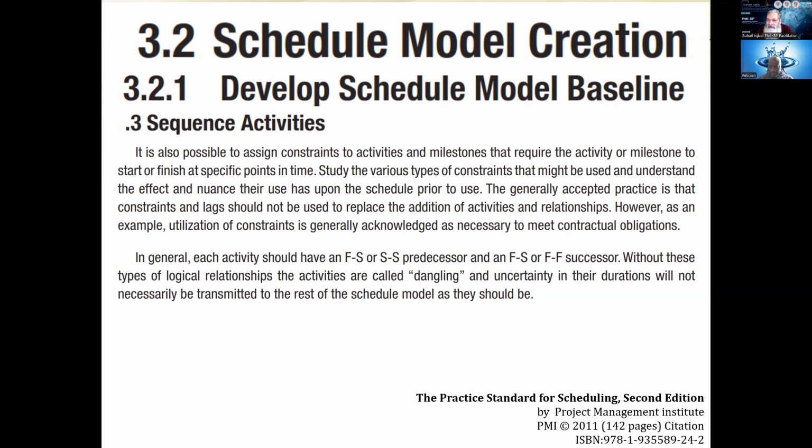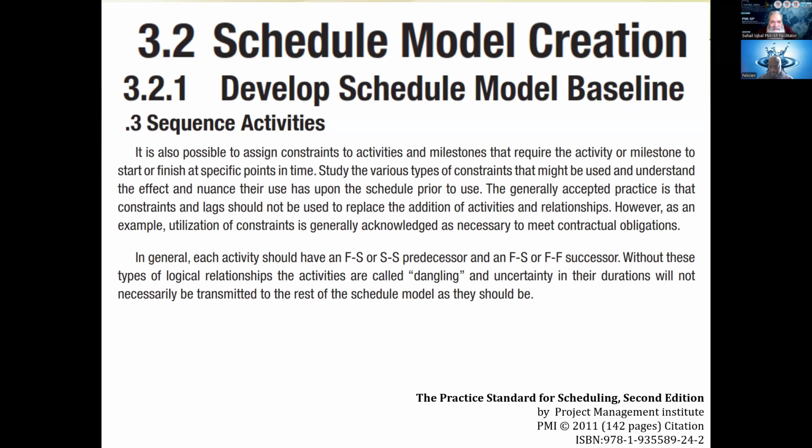Rather than putting it as a lag, we should put it as an activity and maybe assign it to the relevant party. However, as an example, utilization of constraints is generally acknowledged as necessary to meet contractual obligations. So there will be constraints, of course, but don't make these kind of things your constraints.